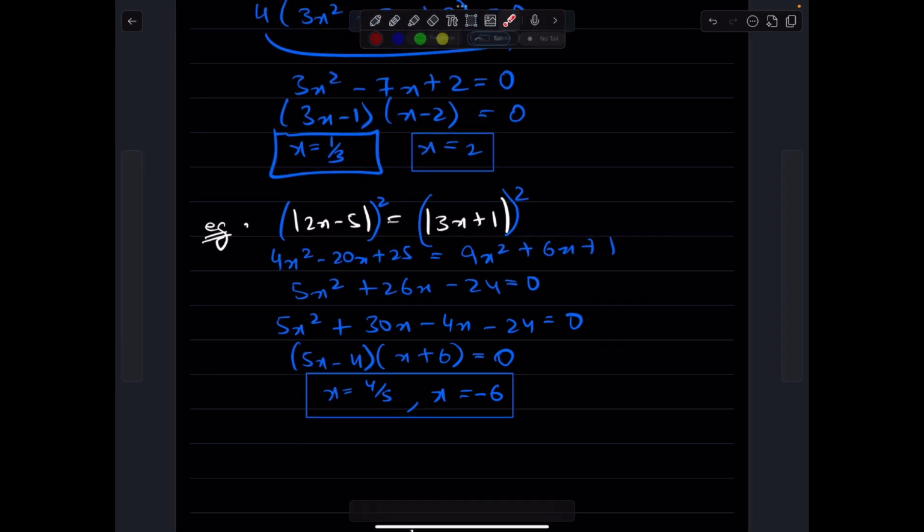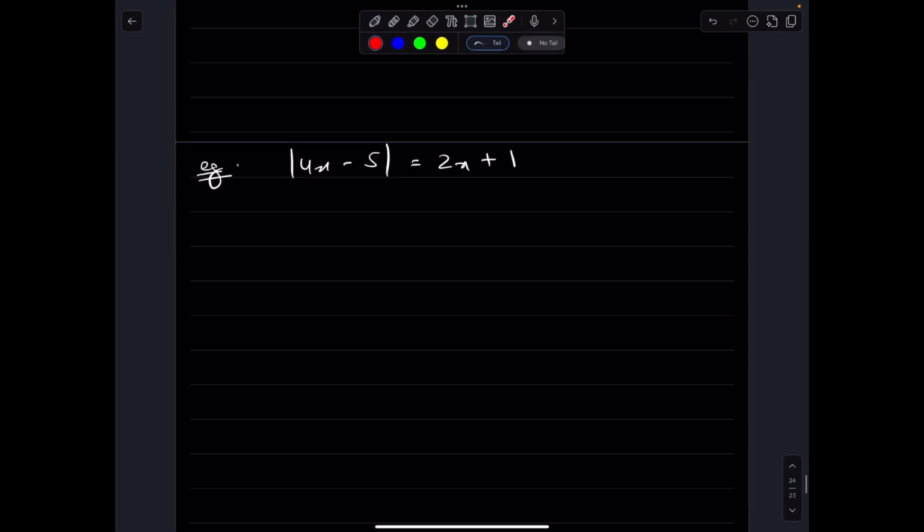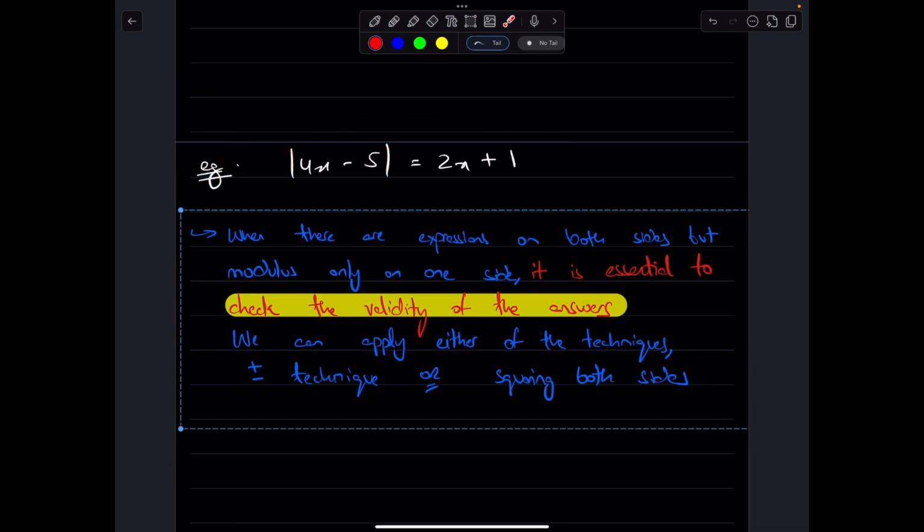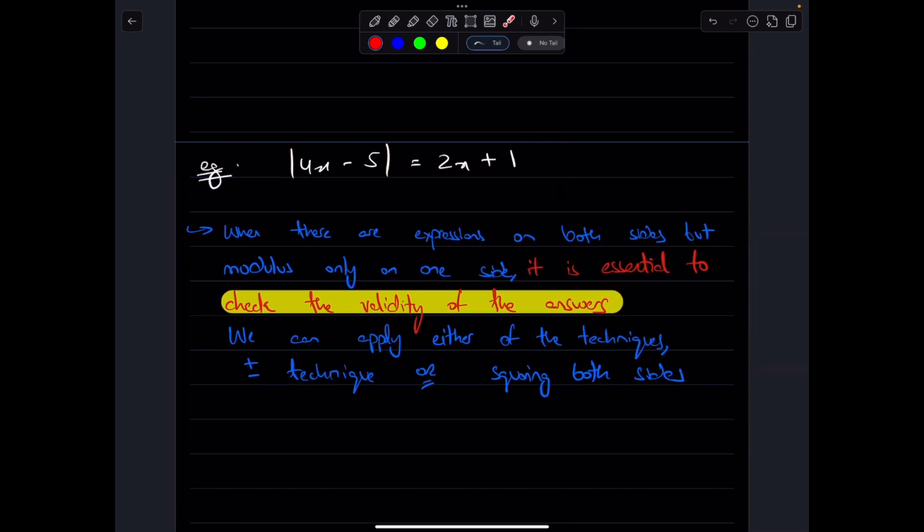So what if we're given something like this, where we have expressions on both sides and modulus only on one side? In this case, you can apply either the plus minus technique or squaring both sides, but since we only have a modulus on one side and expressions on both sides, it is essential to check the validity of terms.